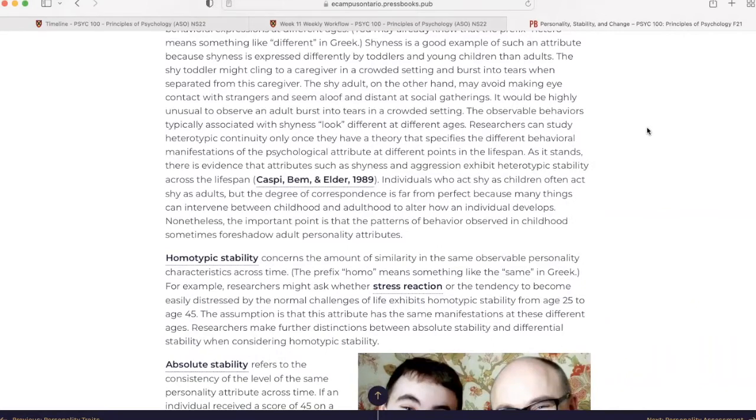Researchers can study heterotypic continuity only once they have a theory that specifies the different behavioral manifestations of the psychological attribute at different points in the lifespan. As it stands, there's evidence that attributes such as shyness and aggression exhibit heterotypic stability across the lifespan.